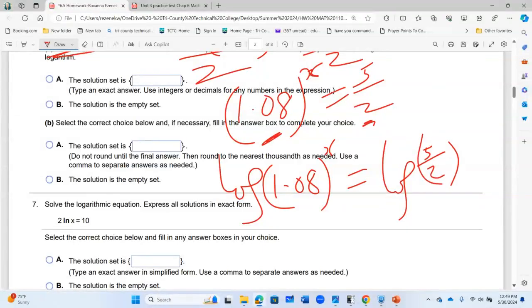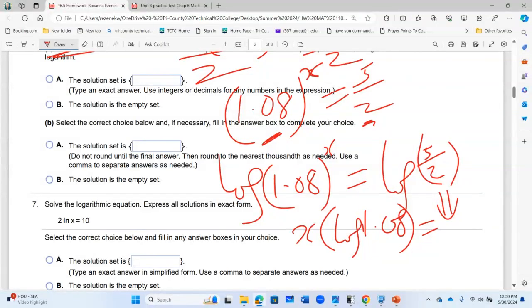And then exponents are coefficients. So I have x times log of 1.08 is equal to, bring down what is here, log of 5/2. Now that I have isolated x, I can divide both sides by the coefficient of x.